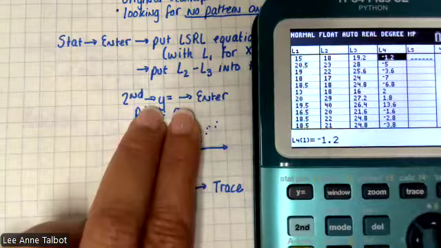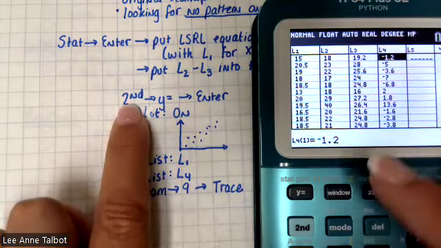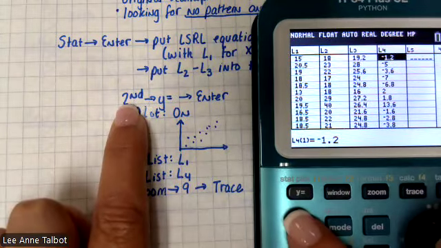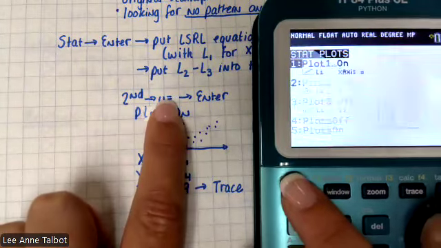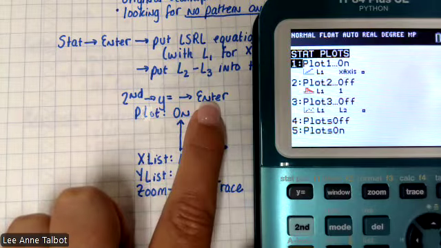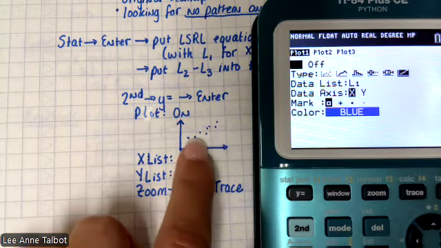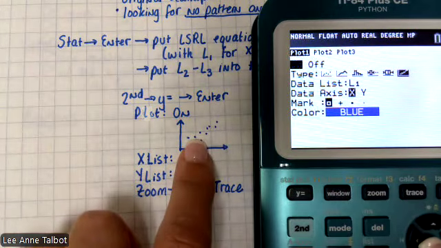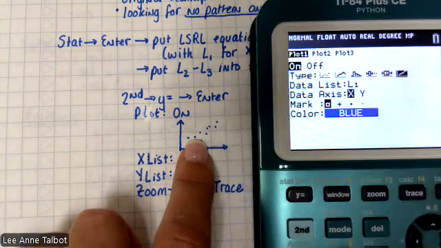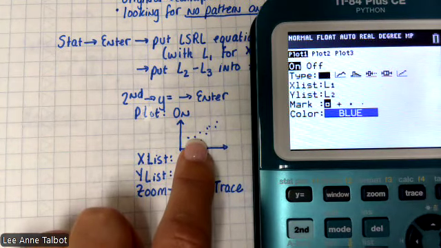Okay. Now, once you have that set up, go second, Y equals, enter to go into your stat plots. Go to the first one that's a scatter plot.